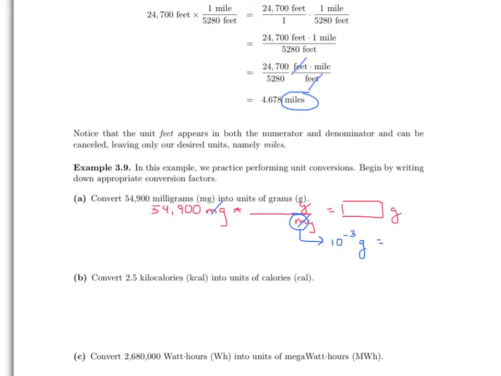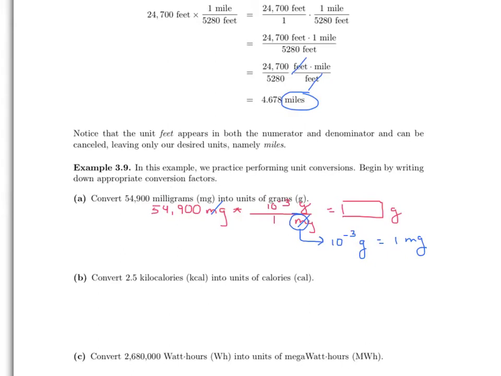In other words, 10 to the negative 3 grams is the same as 1 milligram. This fact tells us what the conversion factor is for this particular example. Namely, there are 10 to the negative 3 grams in 1 milligram.